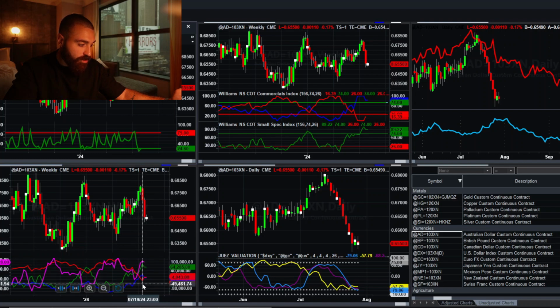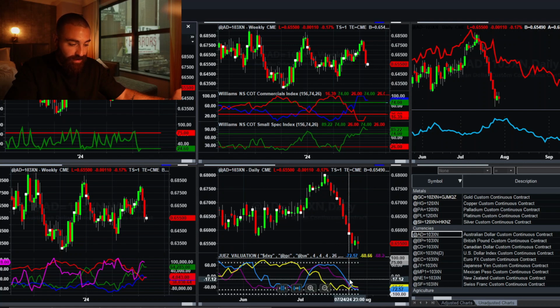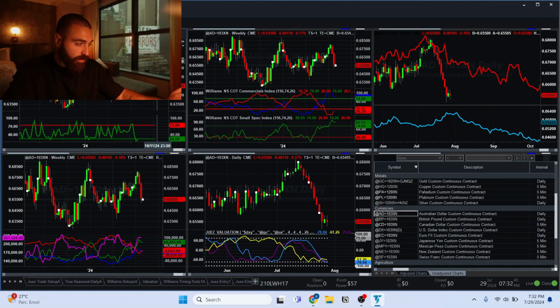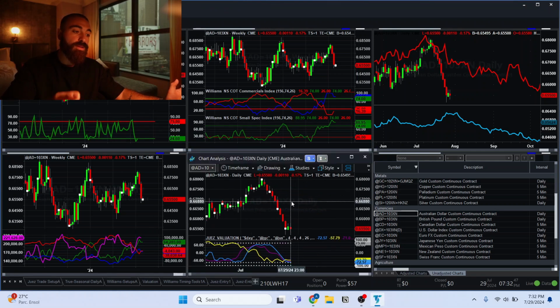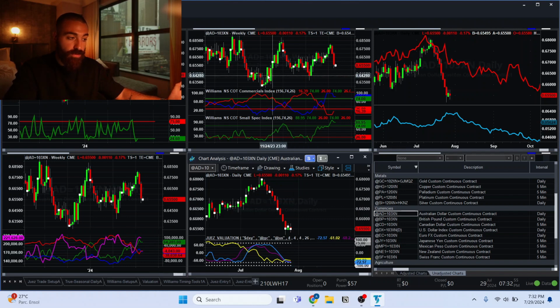Here we can see that the Australian dollar has been very bearish. Here we have the net positions. For now, what I see is that it is undervalued. What I like to do is write everything down in Notion so I can come back to it during the week. If I forgot something, I can just go to Notion and see what I wrote in my weekly analysis.